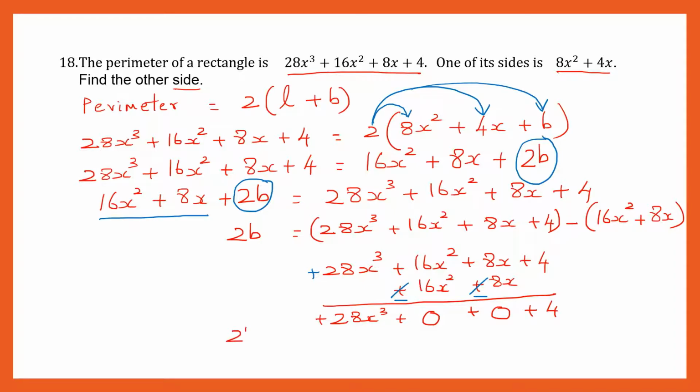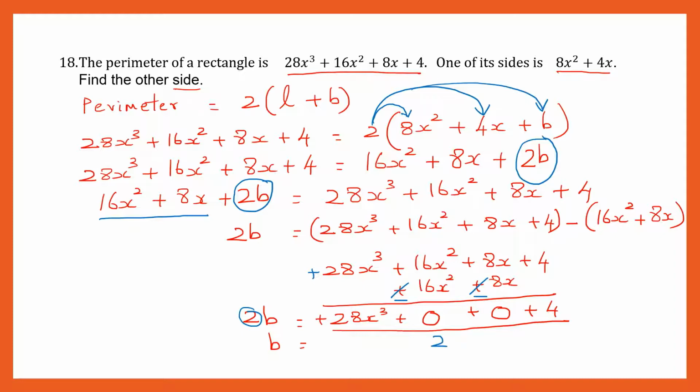So 2b equals, let me write it above, 2b equals this. So how much is b? So I will write the same expression and I'm going to divide it this time by 2. I'm going to take 2 to the other side and divide it by 2.